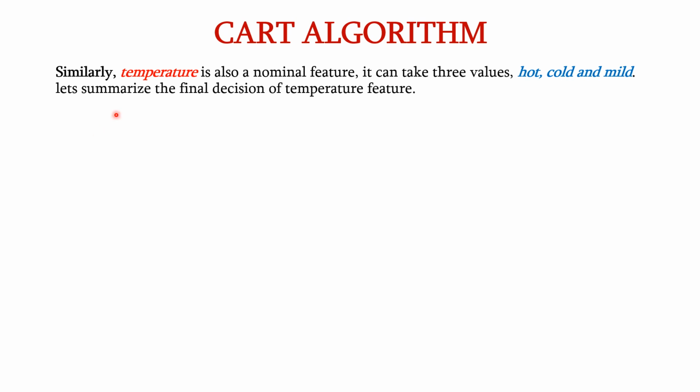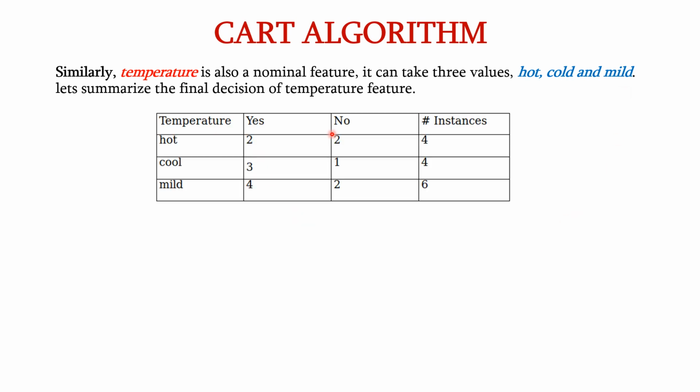Similarly, let us consider the next feature, temperature, and compute the Gini index for this. The temperature takes three values from the original table, that is hot, cold and mild. Let us summarize the final decision of the temperature feature. Similar to the outlook feature, we calculate the number of yes and no instances from the original table.